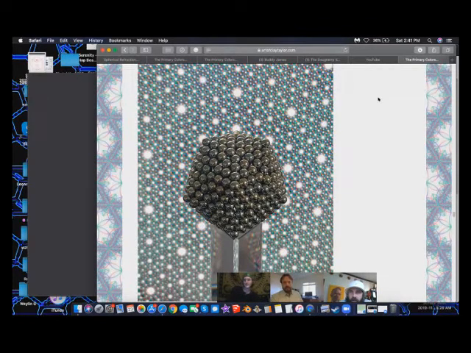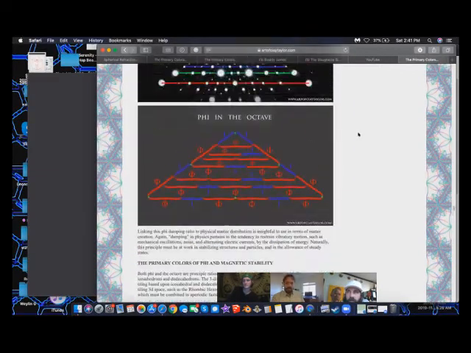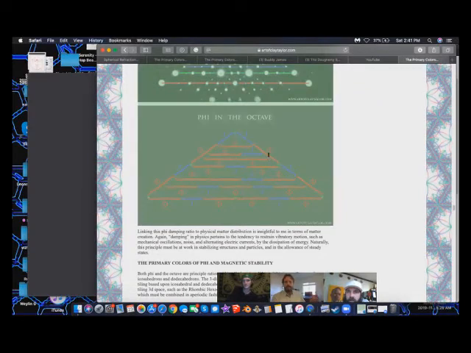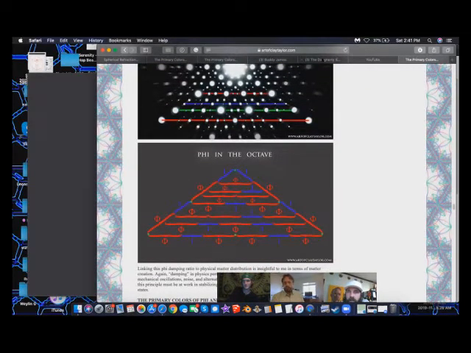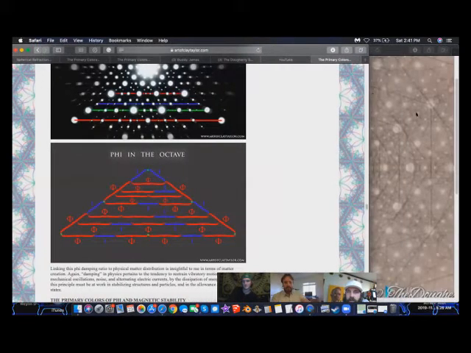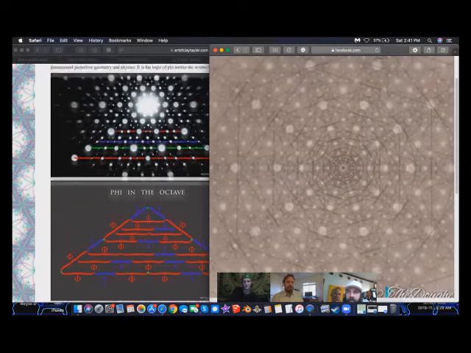And then, of course, what that was showing was ultimately the way Phi is interacting with the octave, which is what this set, if you will, was of primary colors of light. So yeah, you see it right there. I mean, that's an important slide right there.